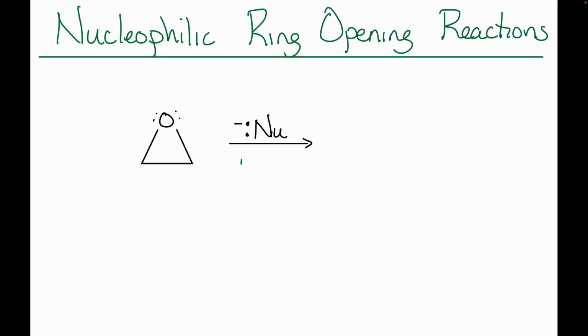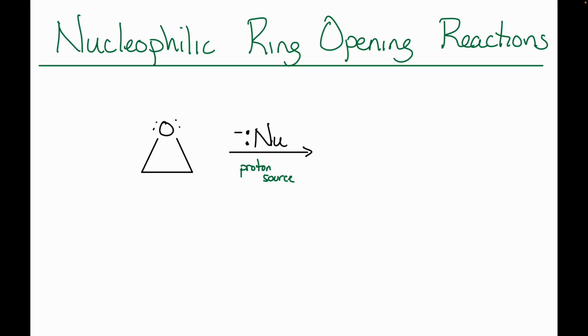All right, we're going to also see that there's going to be some proton source in our reaction mixture as well. And what happens is we're going to break our ring. We're going to open it up, right? So it's kinked into this three-membered ring. These reactions will open that ring up.